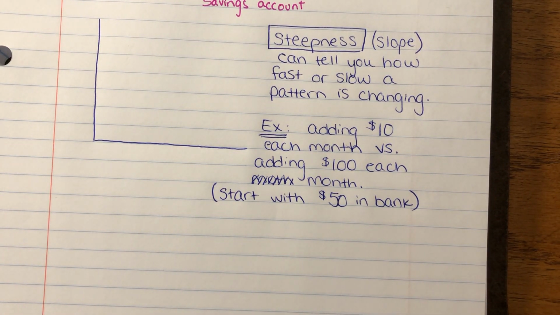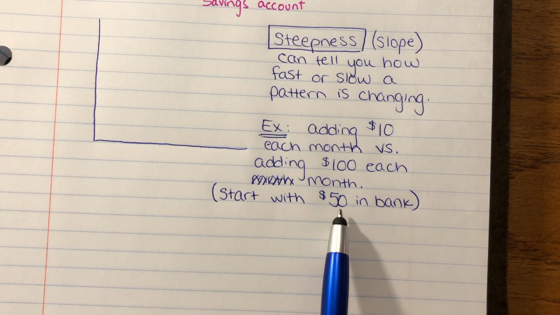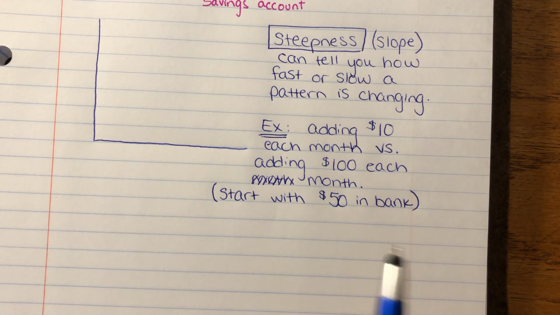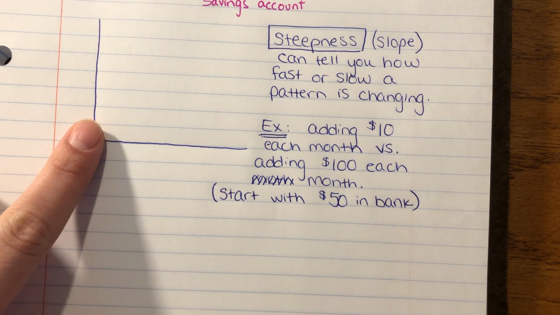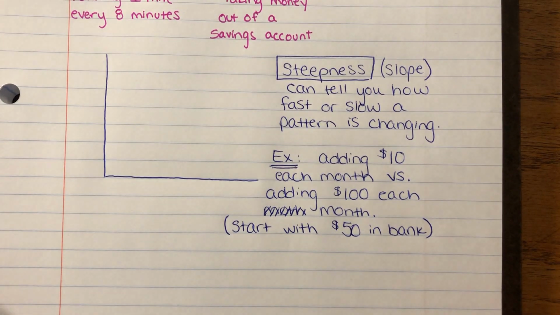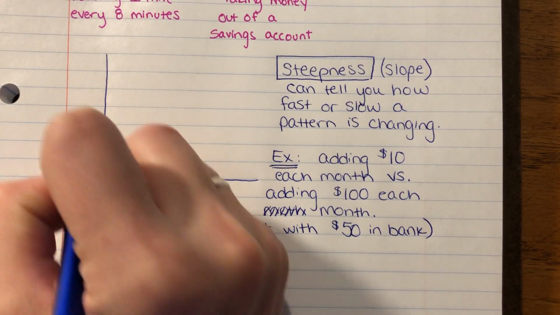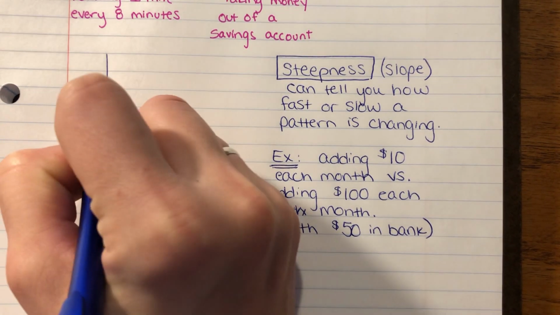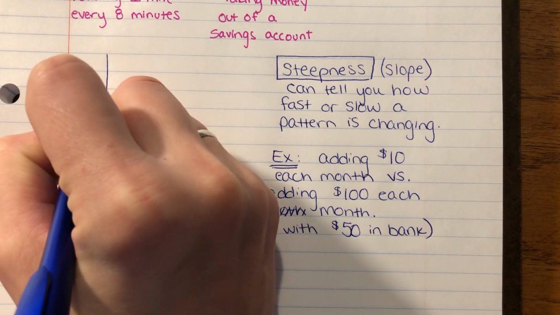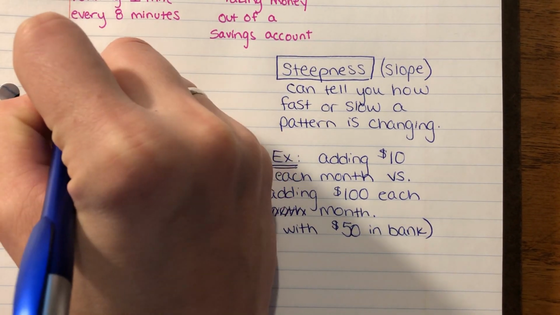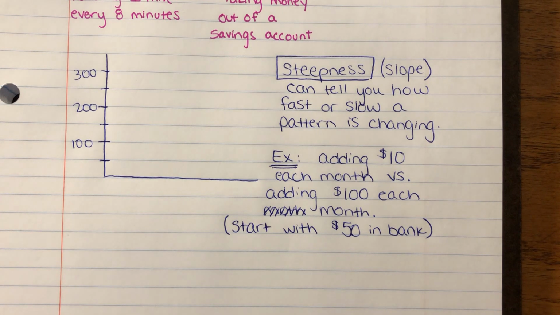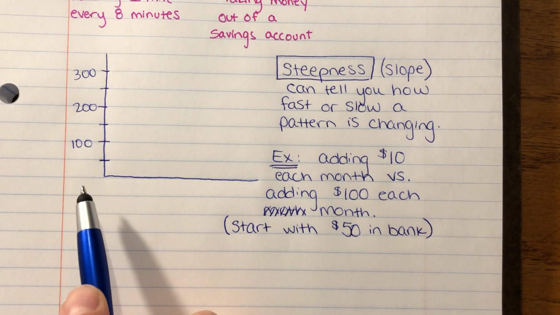So because we're not starting with $0 in the bank, starting with $50 in the bank is going to actually make our line start in a different position. So let's label this graph and sketch some lines really quickly. So I skipped every other label, but every dash mark is going to represent $50.